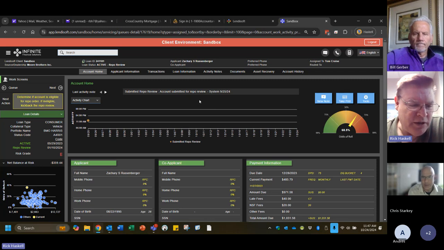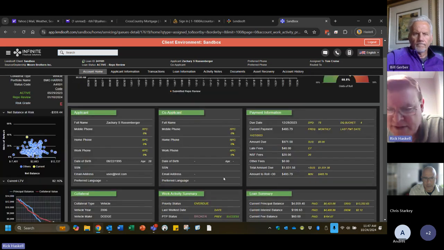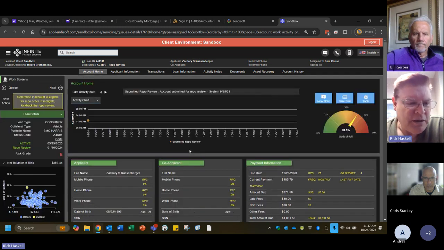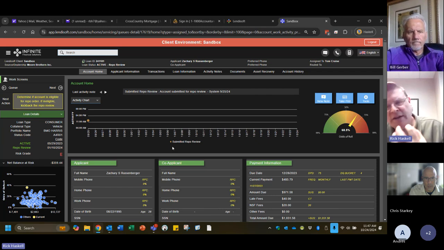But when you look at the LMSs in the marketplace, like Loan Pro and Nortridge and these different ones, DeFi solutions, some of the market leading platforms, they just don't have the risk management. They just give you a good place to collect the payments, and they give you queues for the collectors to work, but they're just not as forward thinking when it comes to predictive analytics and those kinds of things. So that's what makes us different.